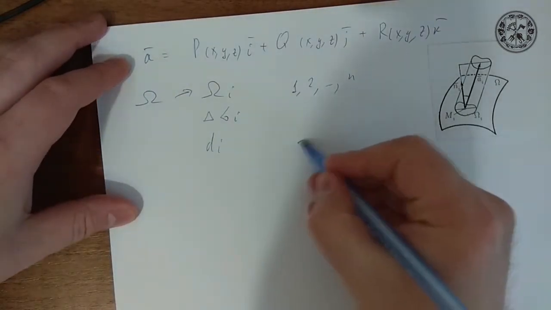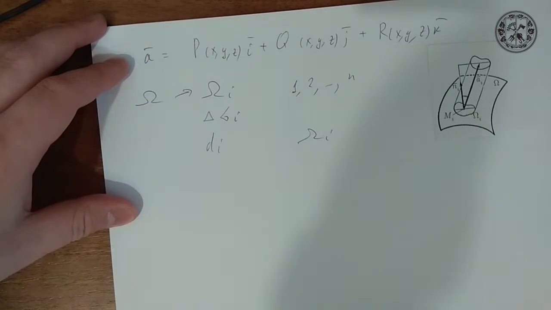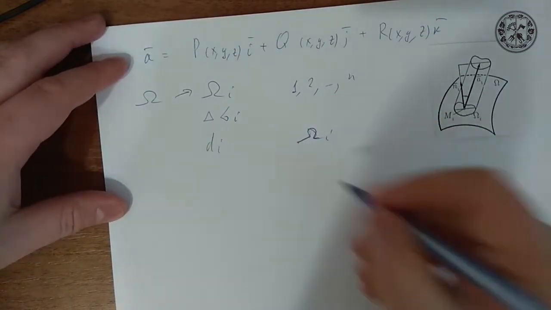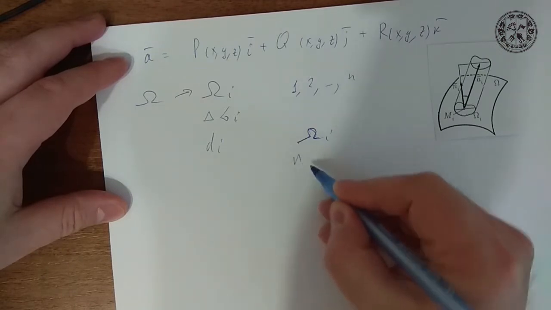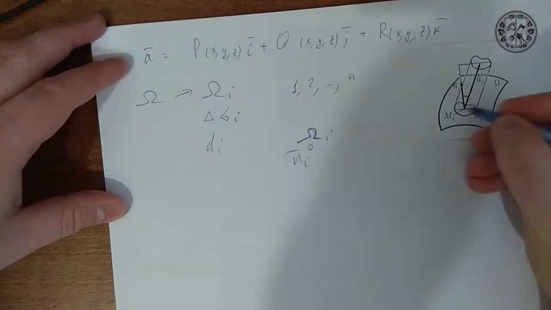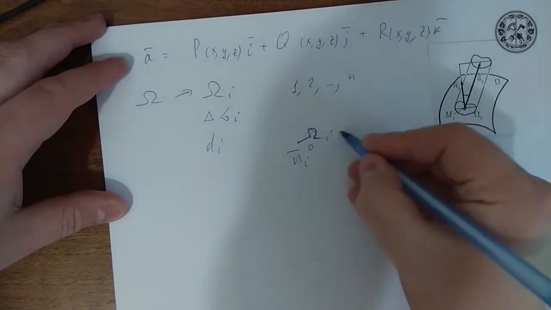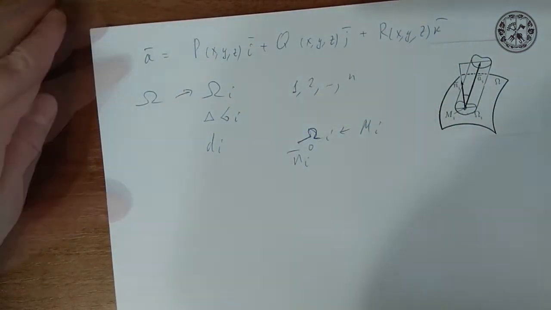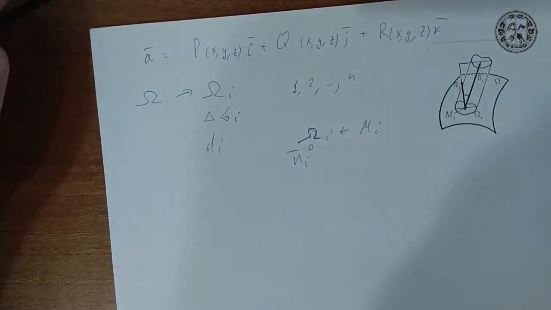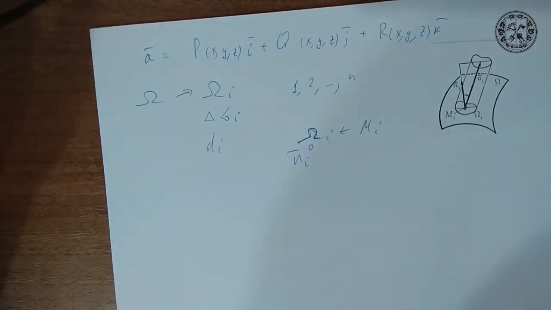Now we select some omega i, and this omega i will have vector n i0, which is normal to M i selected inside omega i. And the volume of the liquid that will flow through this omega i part per second will be the volume of a curved cylinder.